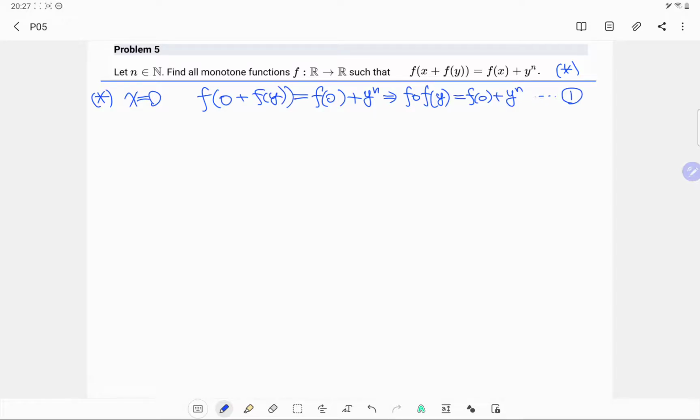The next step is, as we can see, f is a monotone function, and monotone means increasing or decreasing.